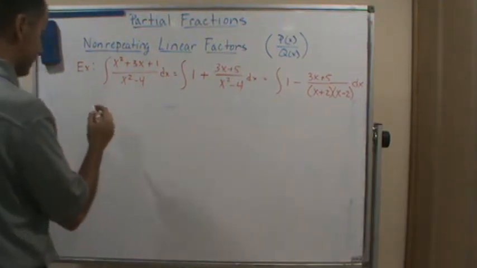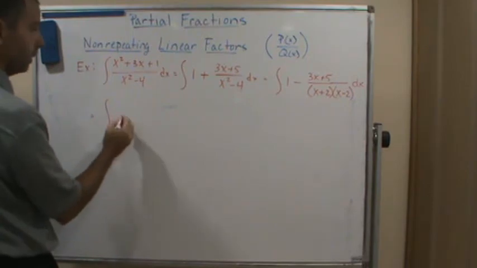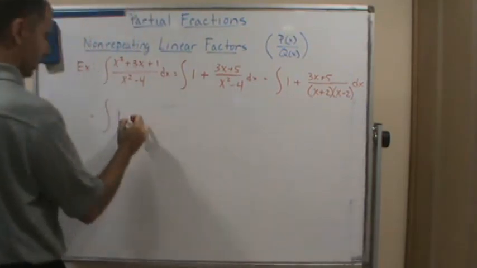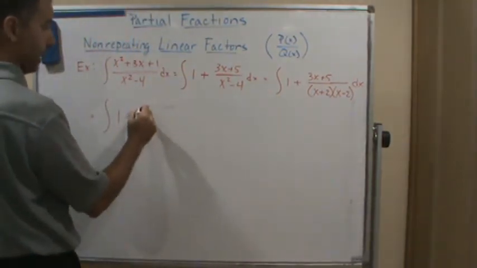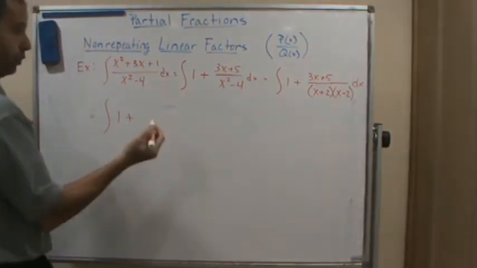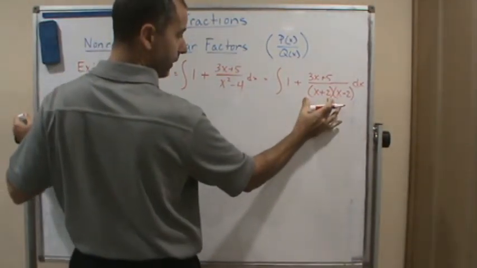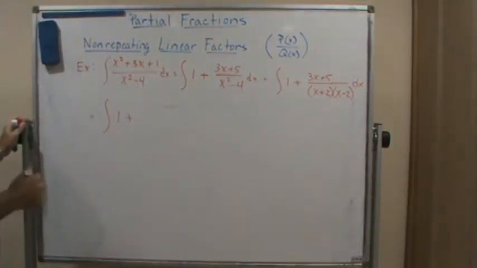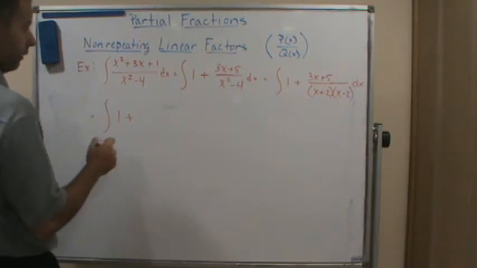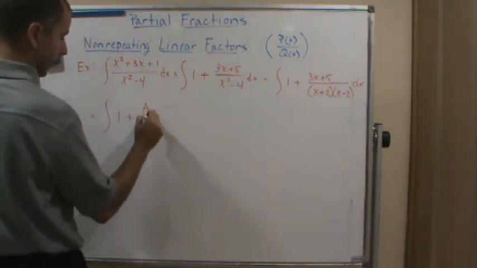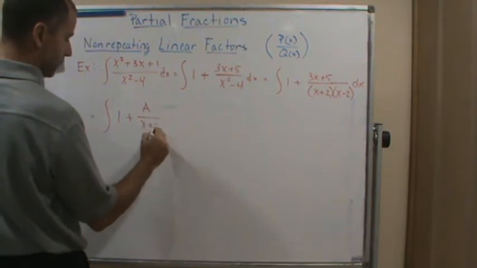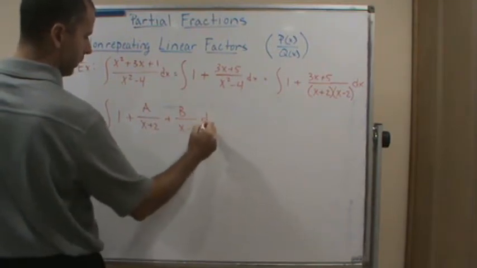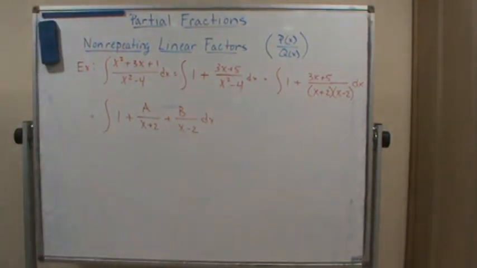So now we know that this has to equal 1 plus, and now we're going to rewrite this into two fractions, because we got distinct linear factors. So this is going to be a over x plus 2 plus b over x minus 2 dx. And so now we have to figure out what a and b are.